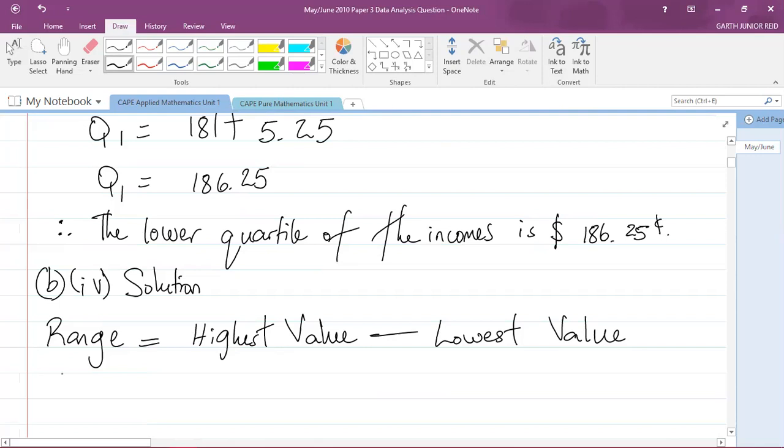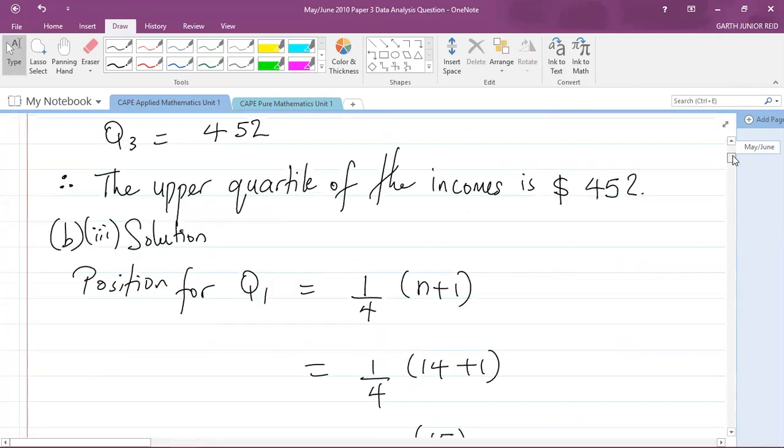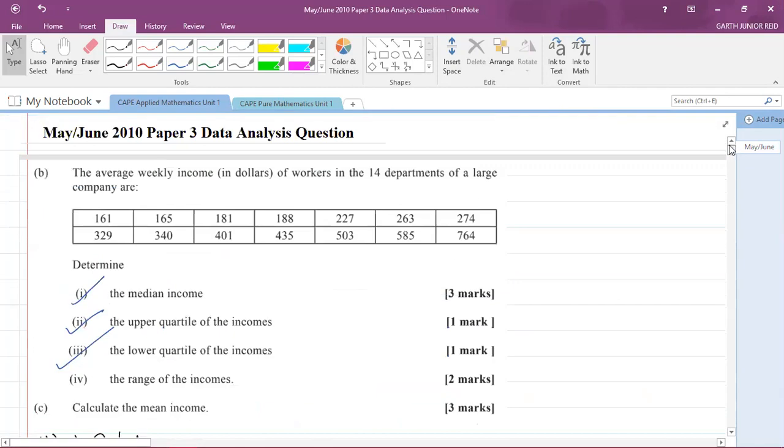Okay, so the range is equal to, let's just look for the highest value. All right, the highest value appears right here. Okay, that's 764. All right, and the lowest value in the data set is 161. Okay, so it means that my range is going to be the highest value, which is 764, minus the lowest value, which is 161.